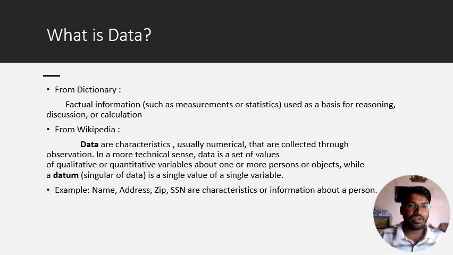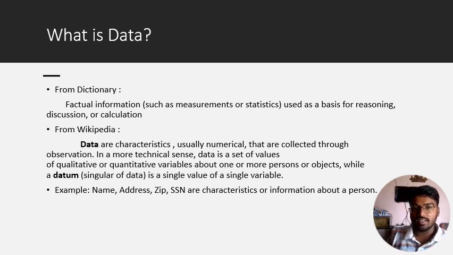In this slide, we're going to learn about what is data. From the dictionary, we get to know about facts or information such as measurements or statistics used as a basis for reasoning, discussion, or calculation. From Wikipedia, we get to know that data are characteristics, usually numerical, that are collected through observation.